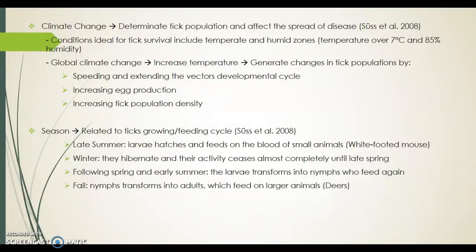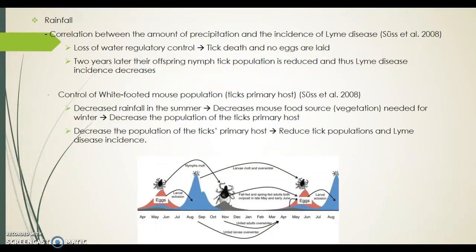Following spring and early summer, the larvae are transformed into nymphs and obviously start feeding again. And then during the fall, the nymphs transform into adults, and they will start feeding on large animals, in this case the deer. So here we can see the graph, how it evolves depending on the season and the month, and it is related to the development cycle of the ticks.